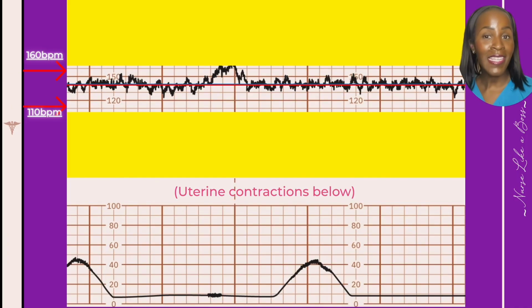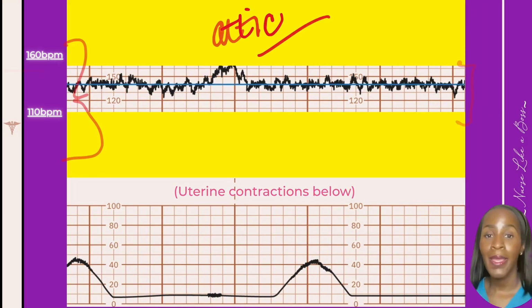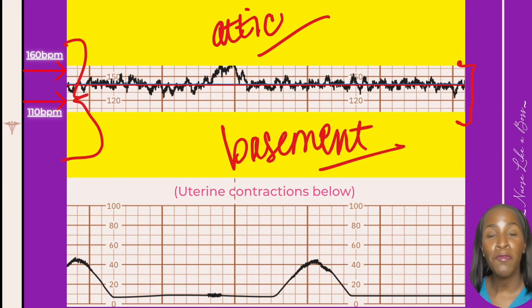Let's pretend that this is a 10-minute tracing. And I put this up here because I want you to see where your 110 falls and then where your 160 falls. So I blocked out your lower limit at below 110, and then you have your upper limit, which is above 160. And that's it. That is your window. You have a very small window to work with.